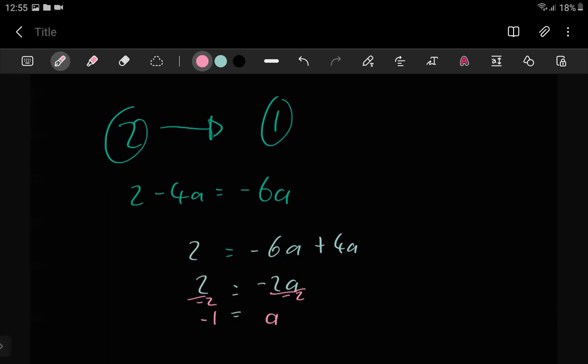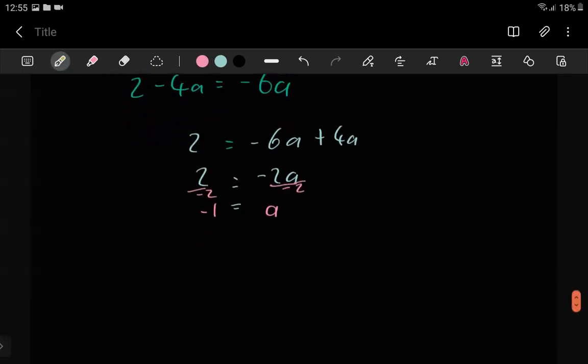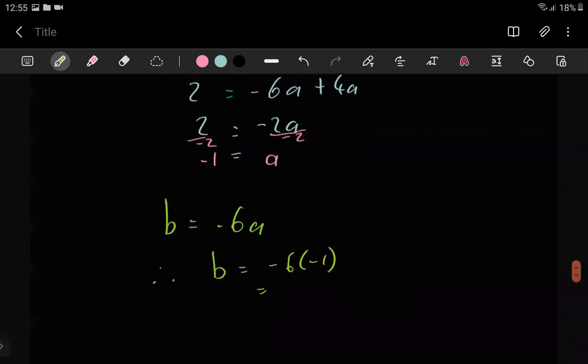Perfect. Nothing crazy, nothing major. So as long as we have a now, we can also just then get b now. Because remember, b is equal to negative 6a. So it means that b is equal to negative 6 times negative 1. b is a 6. There you go. Okay. That's the way we like it.